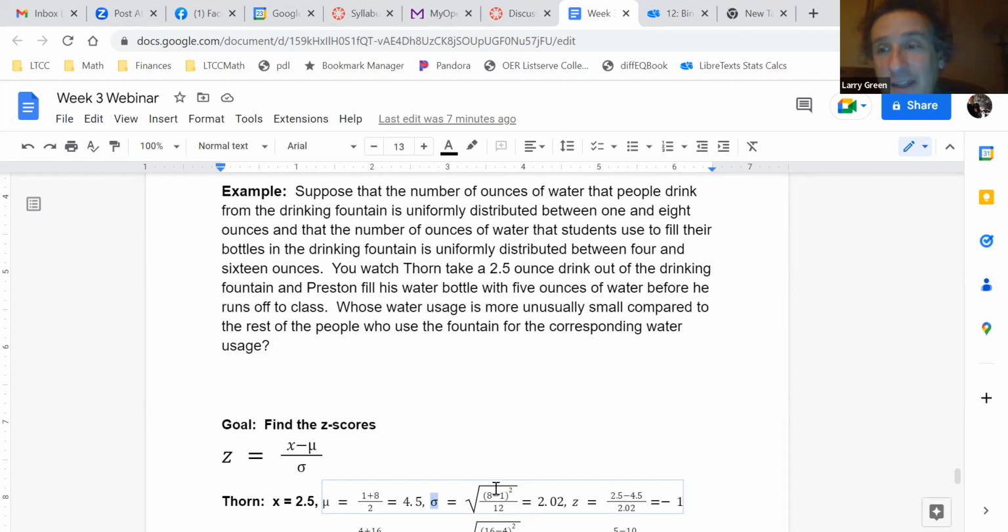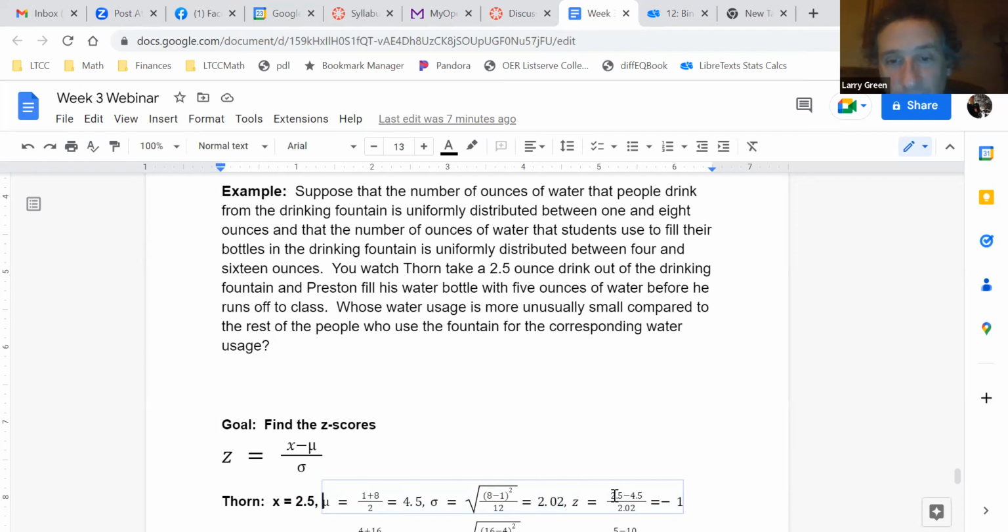Just the regular old calculator will give you 2.02. And if you're in the fancy calculator that I created, remember there's always that button at the bottom for just a regular calculator, and then you can put this in. There's a little square root key and everything. Any questions on coming up with sigma or mu?